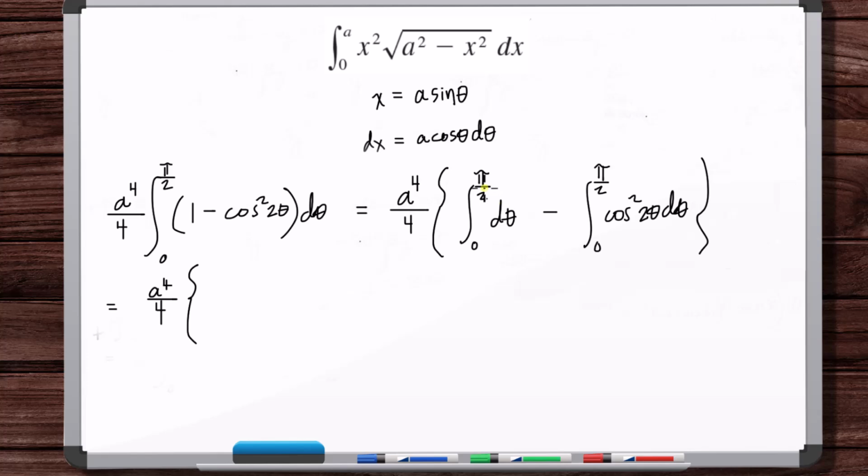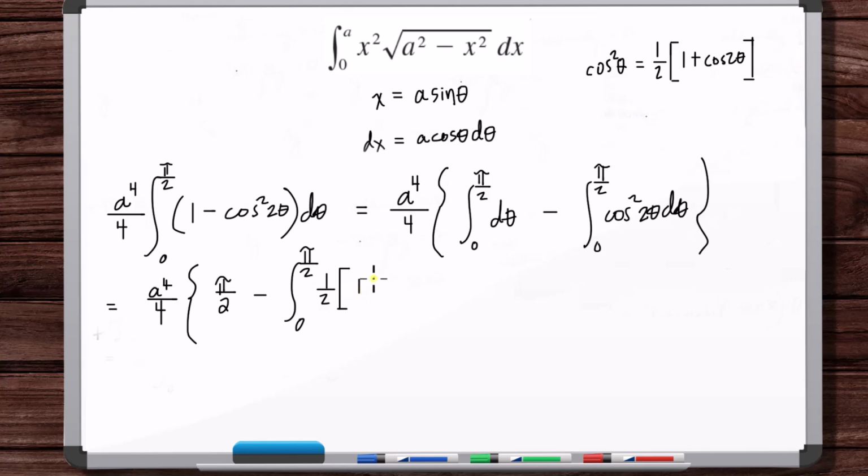Because this is theta evaluated from 0 to pi over 2, so this is just pi over 2. Okay. Cosine squared of 2 theta, okay, so the identity is cosine squared of theta is equal to 1/2 times 1 plus cosine 2 theta. And so in this case, we would have 1/2 times 1 plus cosine 4 theta.